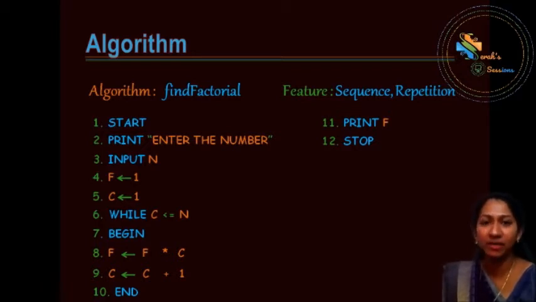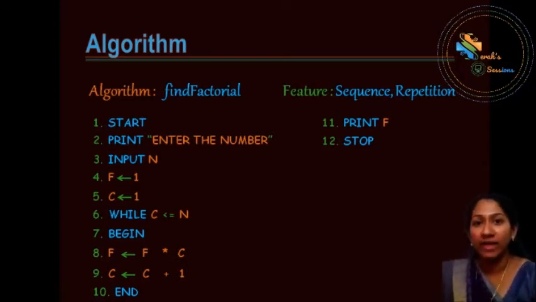I should display my result, right? So in order to display my result, the result should be assigned to a variable. Then only you can give it in the print statement. So for storing that result as well as for storing the result of each step, I have used the variable f. Okay, now we'll start our while statement.